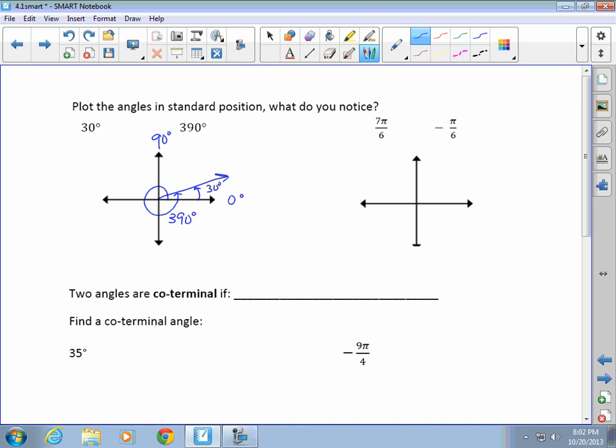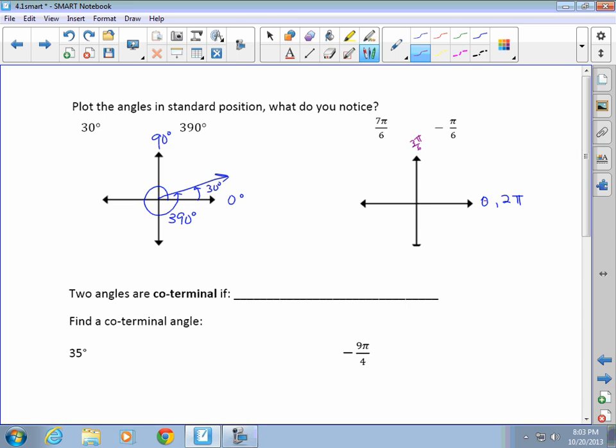Negative pi over 6. So I know from my picture on the other side that this is 0 and 2 pi. Pi over 6 was just that little bit, because if this was going this way, this is 0. This would be 3 pi over 6, or a half. So that means it's dividing it into thirds.